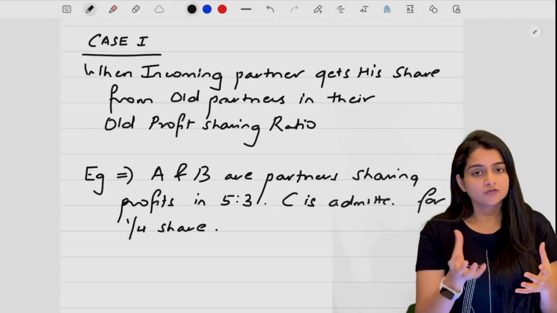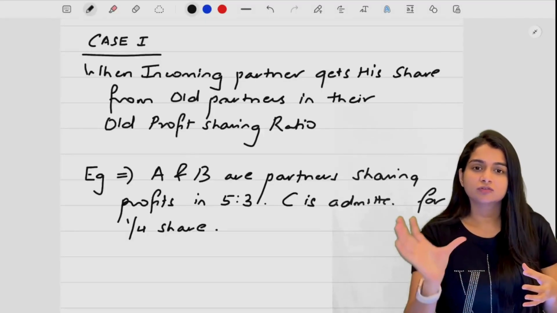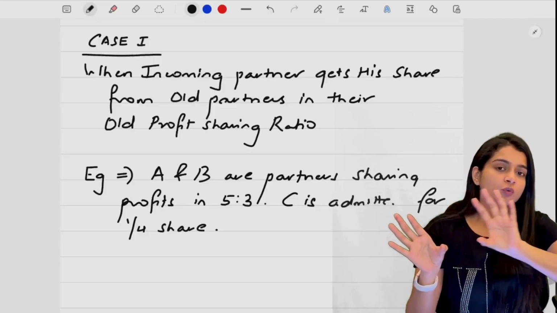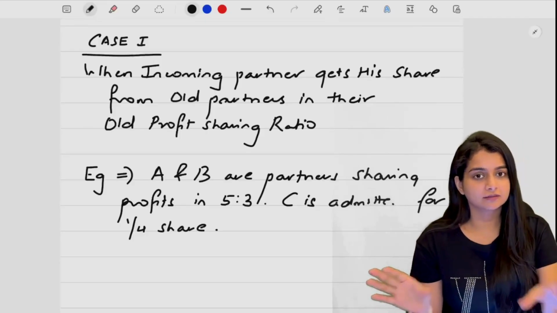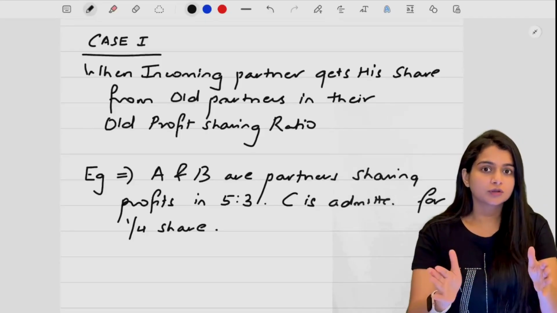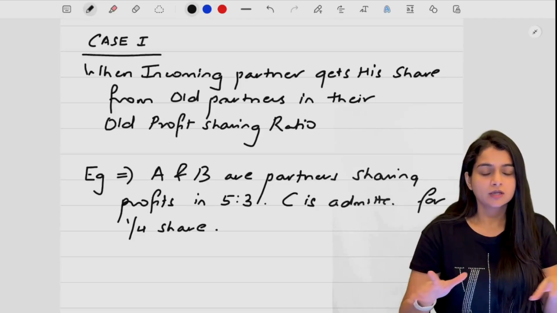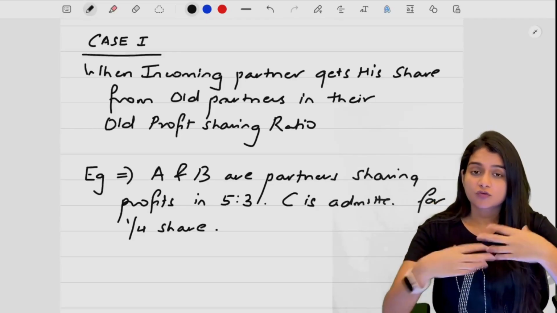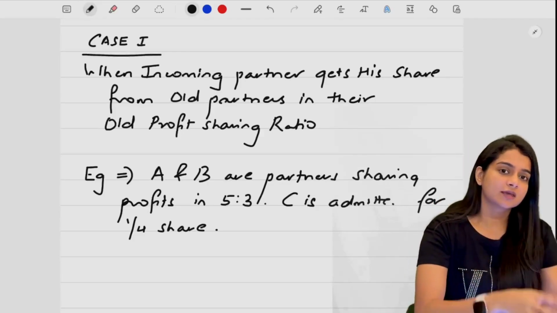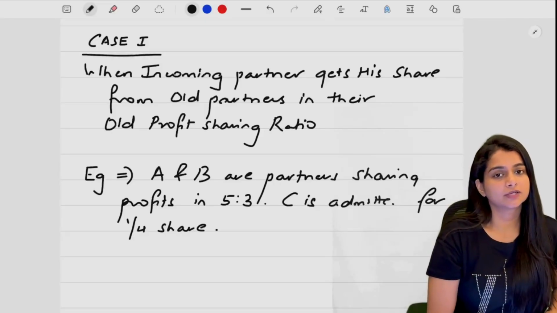What are we doing? We promised each other that we would divide the cake in half even after the new guy coming in. We both are still dividing it in half, right? So that is what case 1 is about, wherein our old PSR, our profit sharing ratio remains the same even after the new guy is coming into the business.